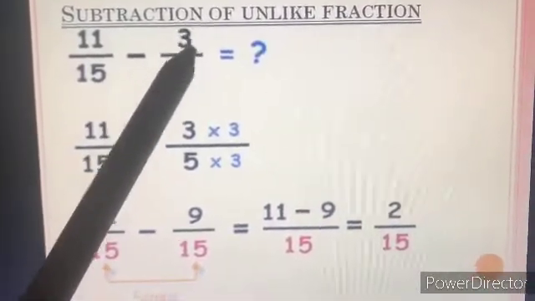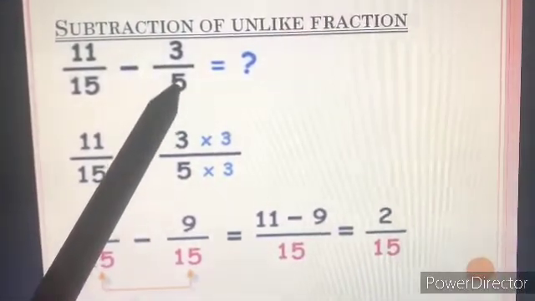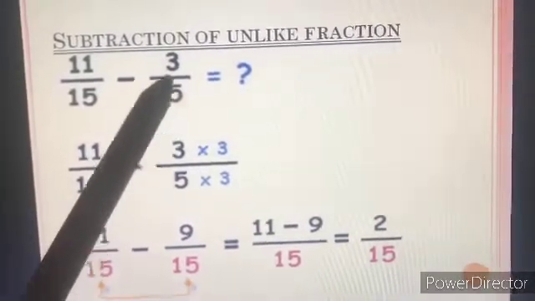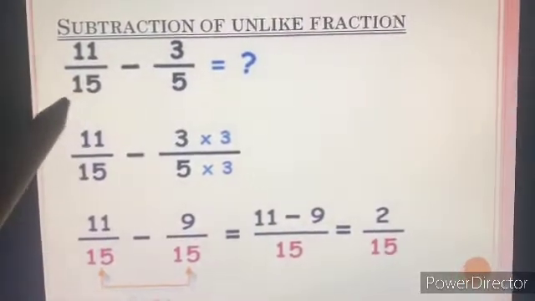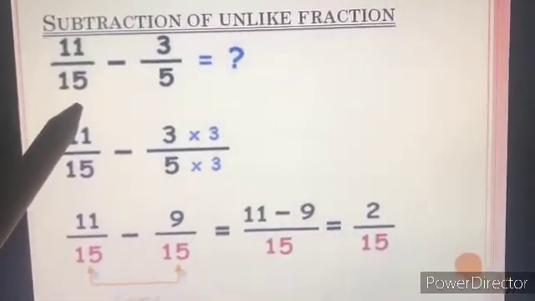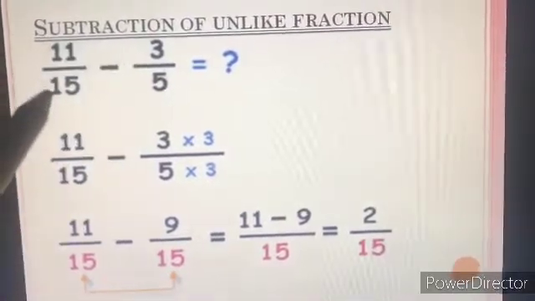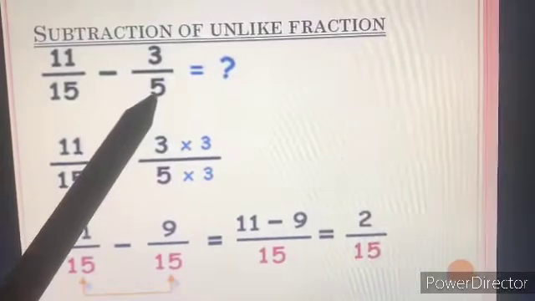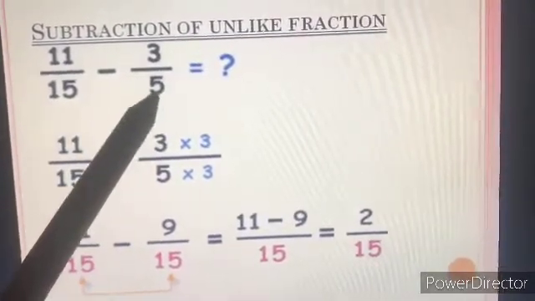How? If I recite the table of 5, 5 1s are 5, 5 2s are 10, 5 3s are 15. I will find out here that 15 is there. If you have different denominators, you can see the other denominator is present in this denominator's table, like this 15 can come under the table of 5.